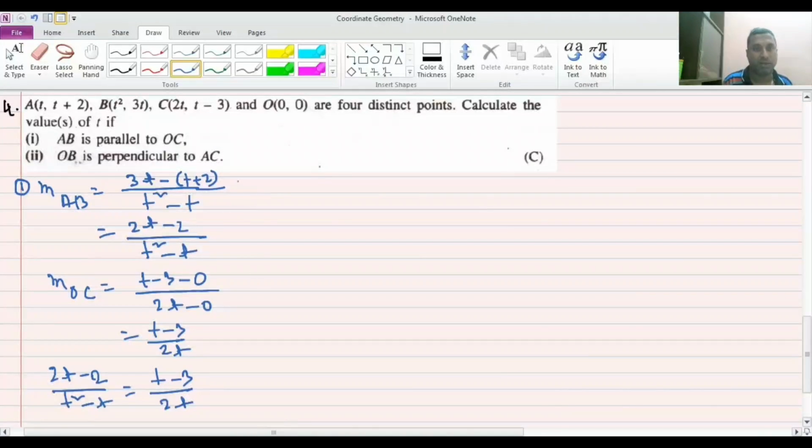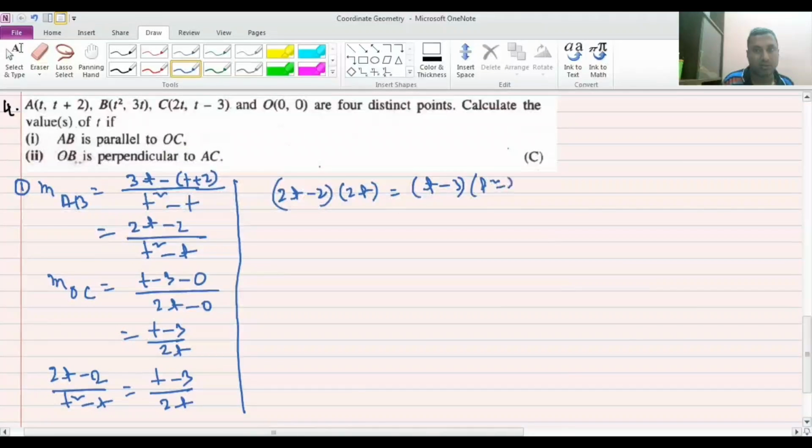Now let us simplify all this. Cross-multiplying, 2t(2t − 2) = (t − 3)(t² − t).